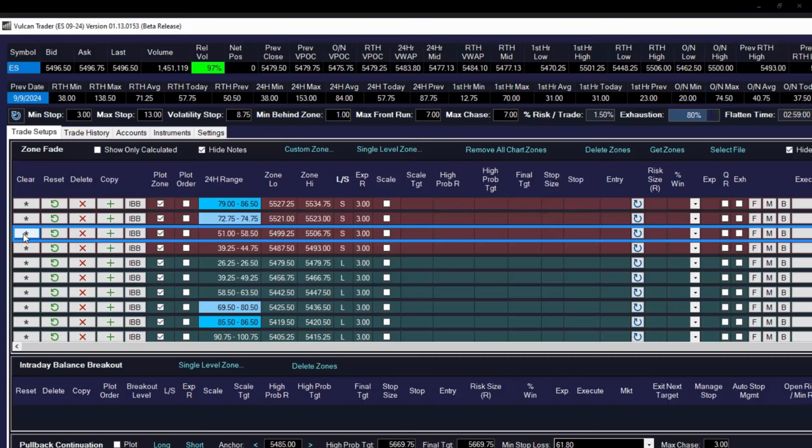I think one of the false beliefs that hold traders back from executing is they think that they can predict which setup is going to work and which one is going to fail. And the reality is that you can't. The reality is that I can't.